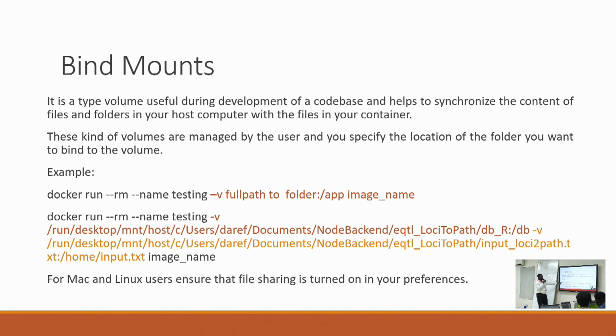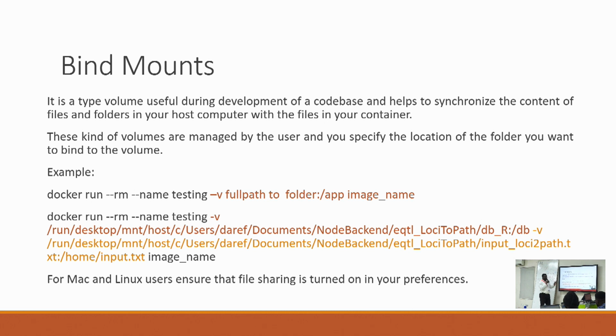So we can see an example here, -v. This is the full path of my system. Full path, colon, and then this is the path in my container. So this folder, db_r, is mapped into my container. So all the files in this folder will be available in my container.